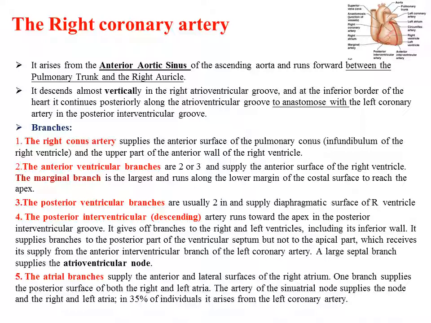A large septal branch supplies the atrioventricular node. You see, the AV node is being supplied by one of the branches of the right coronary artery.